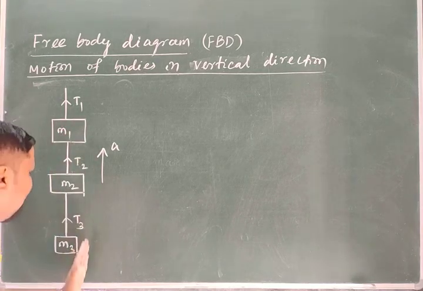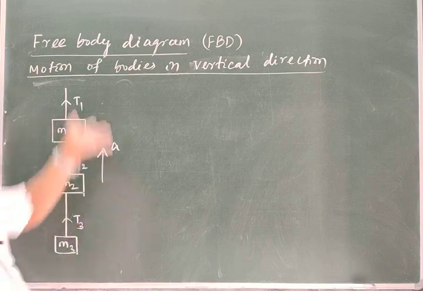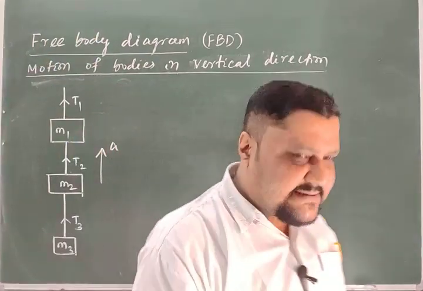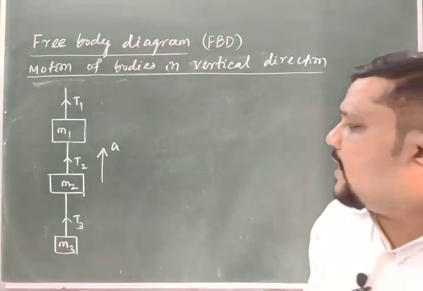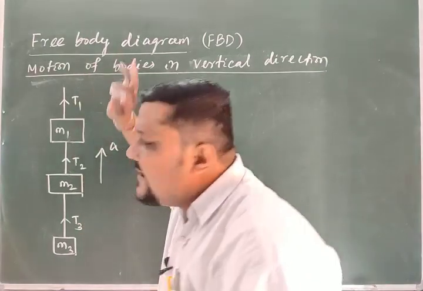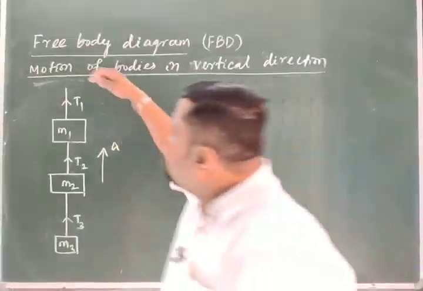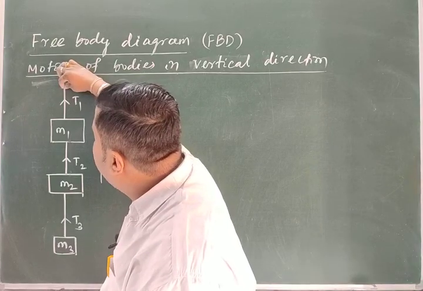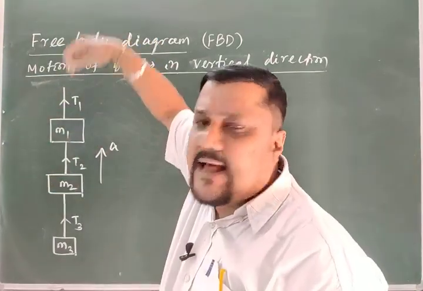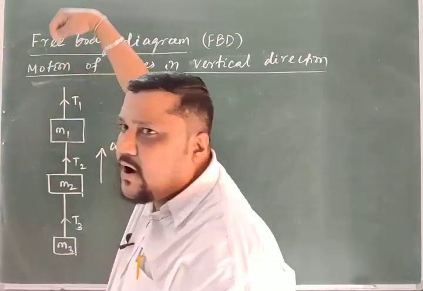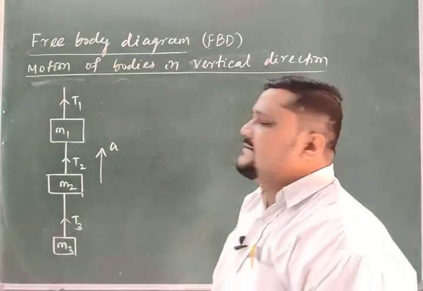In this case, the body moves with an acceleration A upward, connected by 3 strings. Suppose you hold this end and you are pulling the whole system upward.